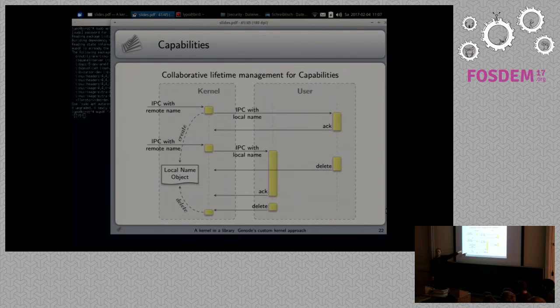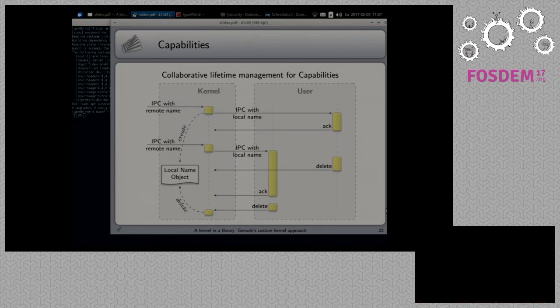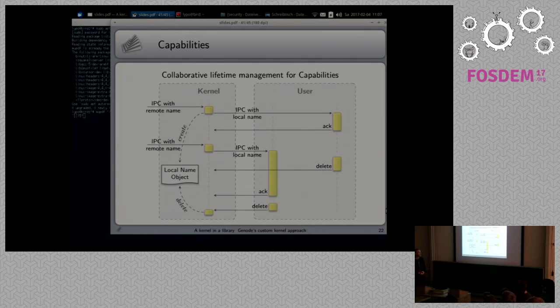So if one thread in my application receives the capability, and another thread also receives it, and during the time that this other thread demangles the capability from the UTCB, the first thread starts to delete it, it would be fatal to delete the local name object. Because then I would have a capability inside that is not adjusted.